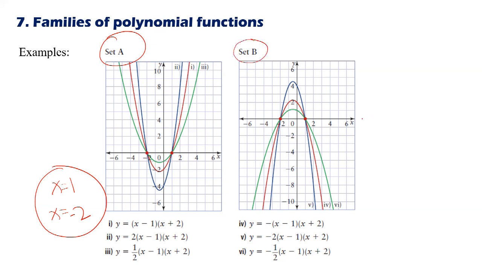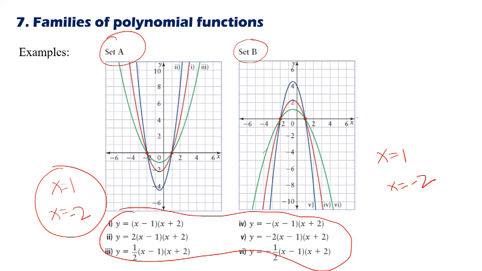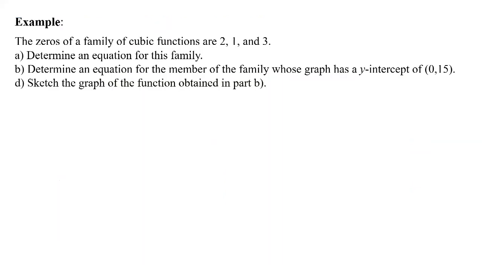And for set B, this is a family of polynomial functions that also have the zeros 1 and -2, but this time the stretching factor is negative, so these functions are opening downwards. Actually, all of these functions belong to the same family, which has zeros at x being 1 and x being -2. Understand? All right, let's see another example.